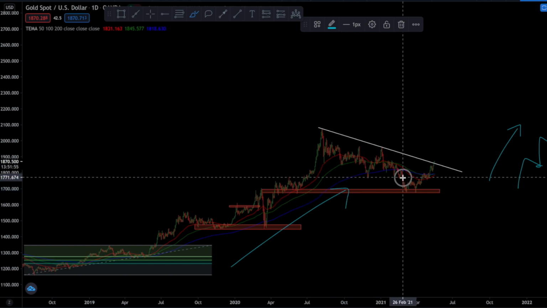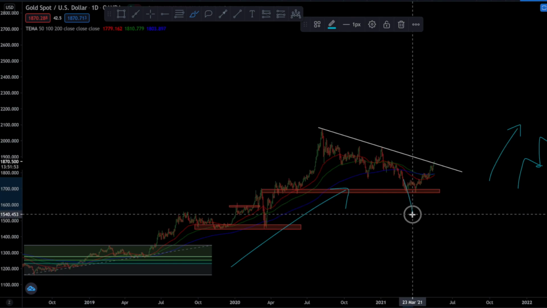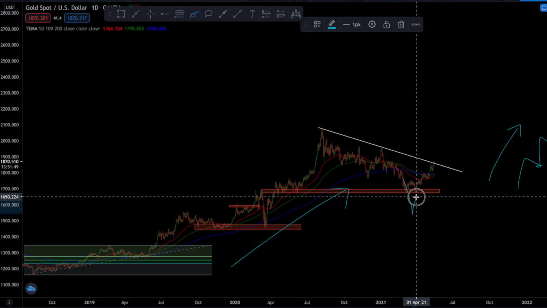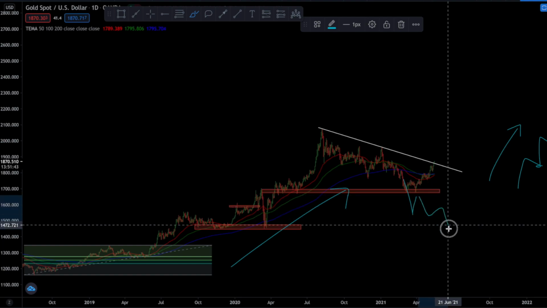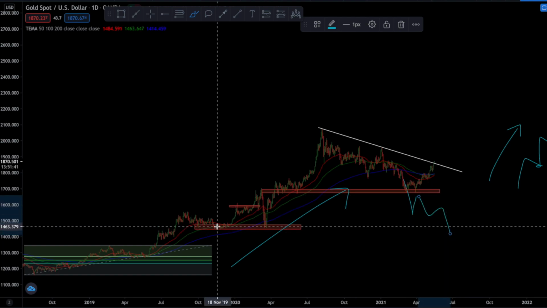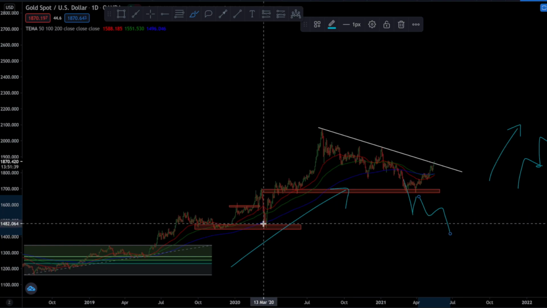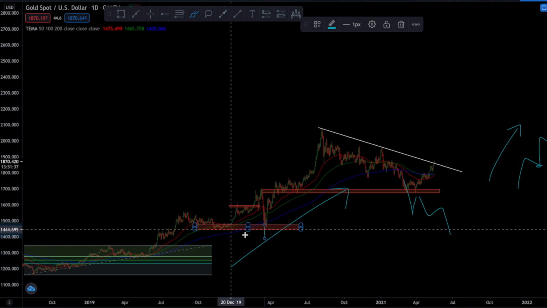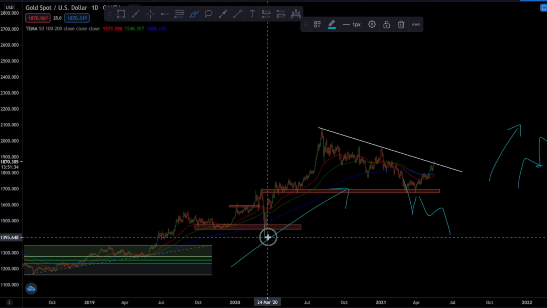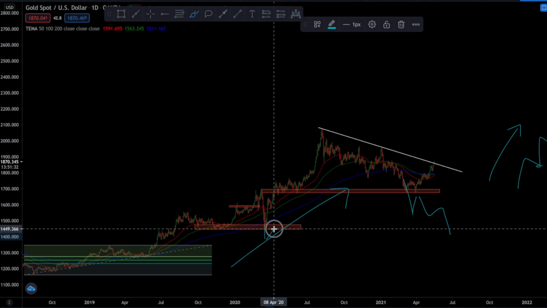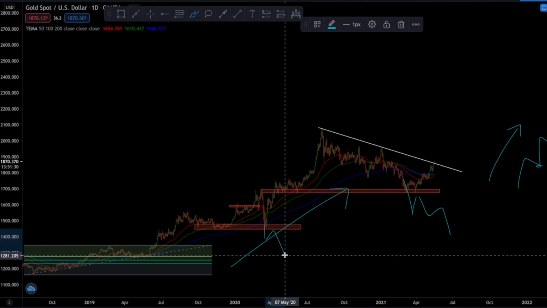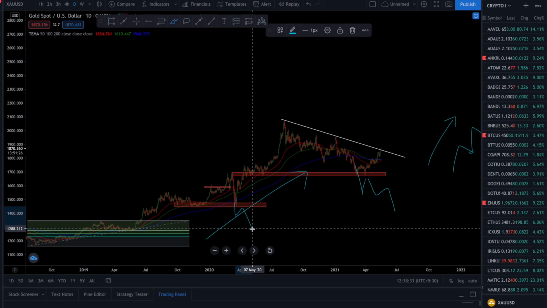If it had moved below this, then we would have got a confirmation that the price has changed the trend, that is, the buyers are out and sellers are in, and the price can now move down. And the same thing would have happened over here if the price had moved below this and created a lower low, then we would have said that this is not a pullback but a reversal. So this is how you spot the difference between a reversal and a pullback.